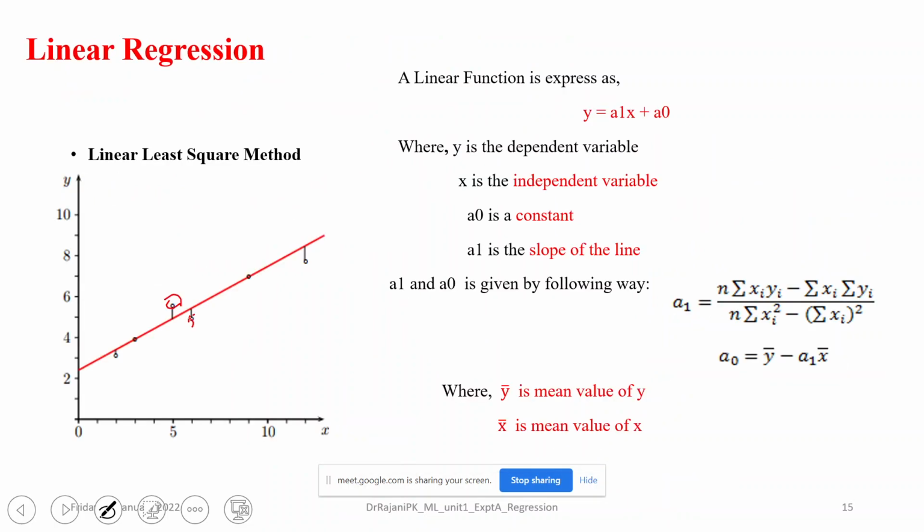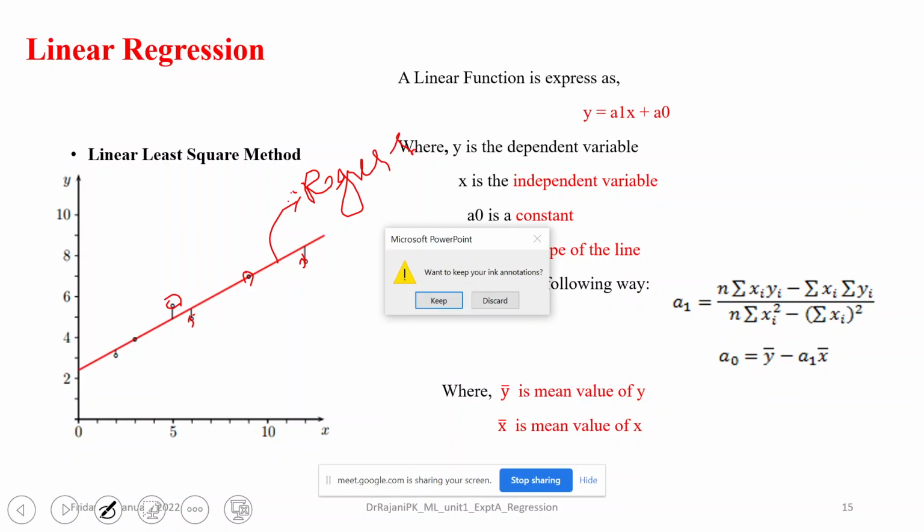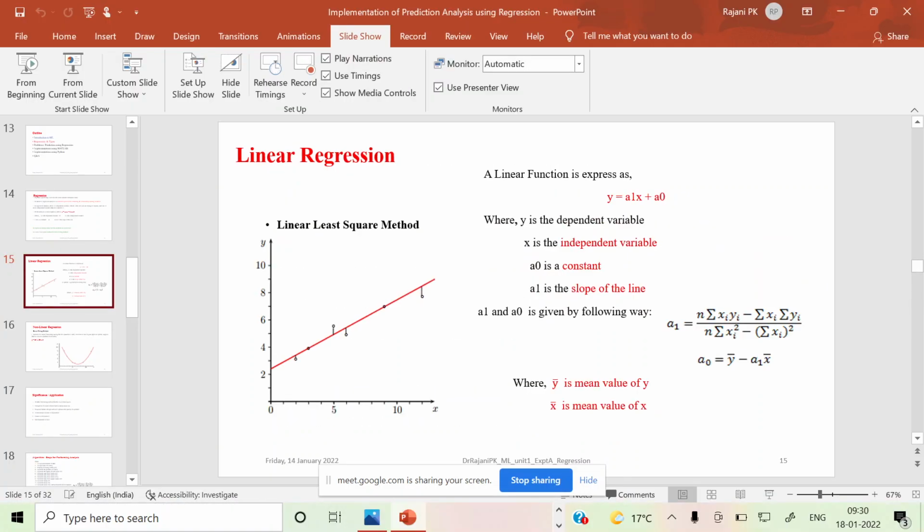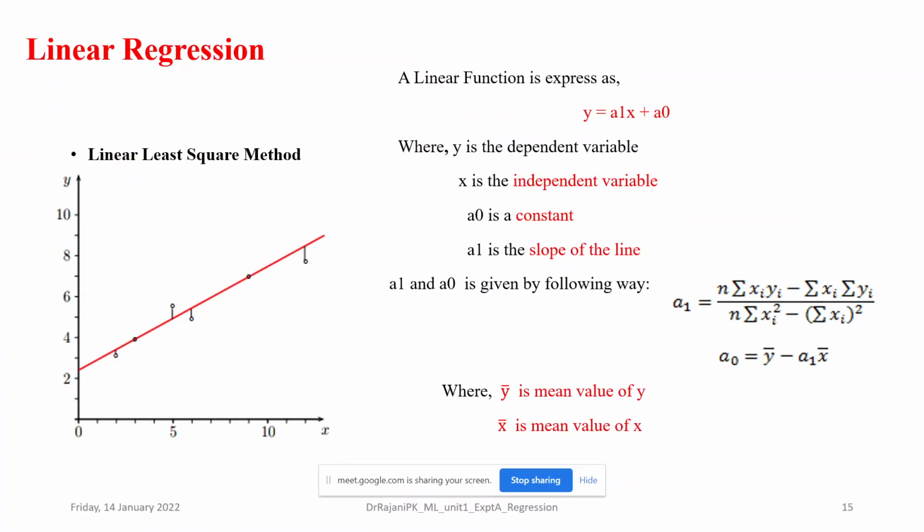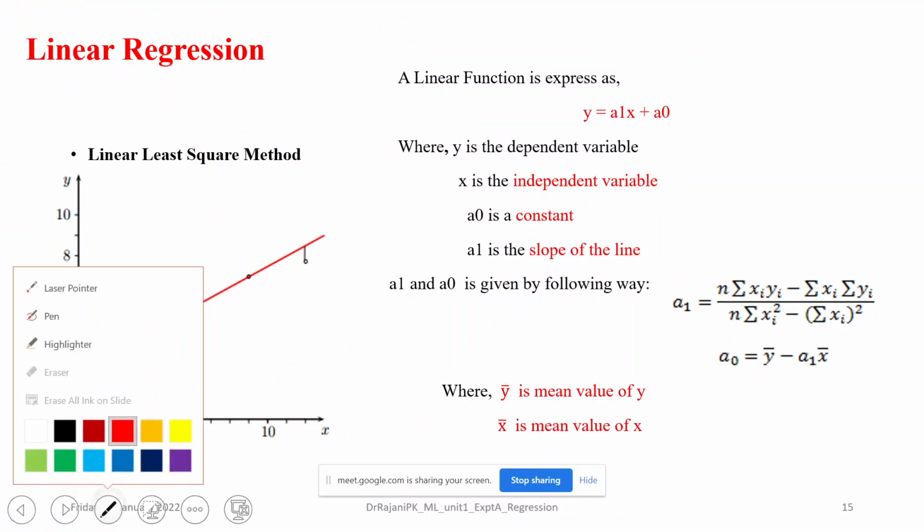There is a deviation from the actual value to the predicted value. Now we are going to discuss this deviation with the help of some numbers.